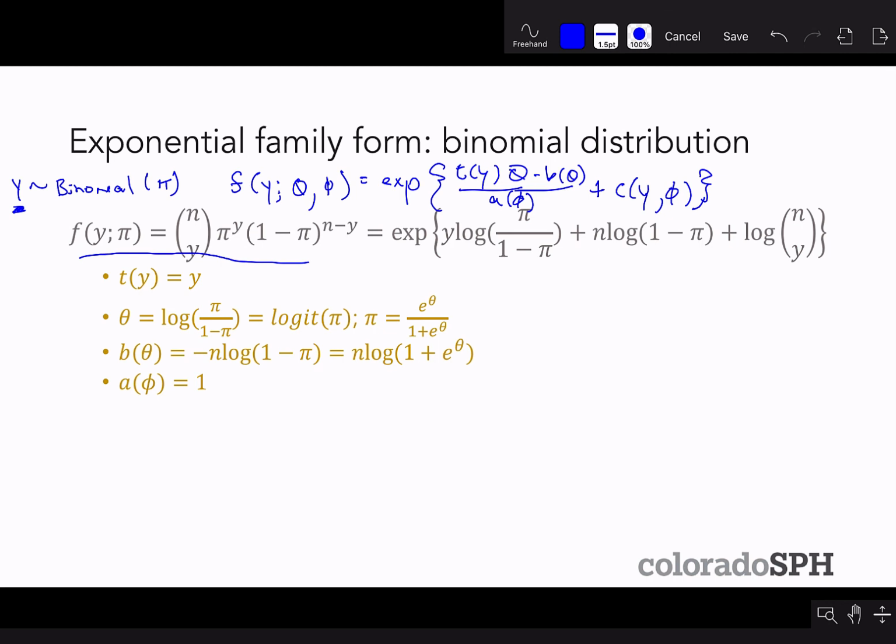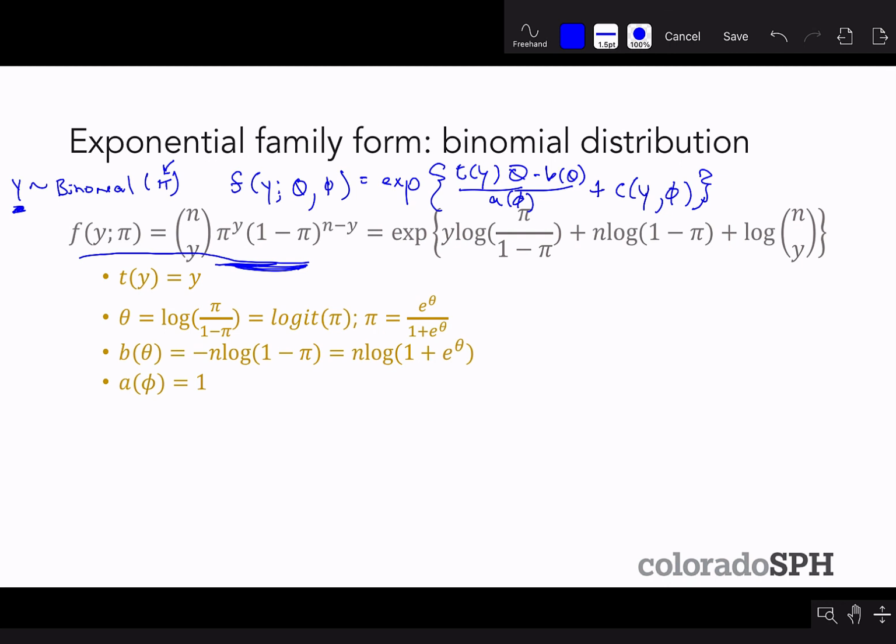Say you have 10 coin flips and you can only see heads or tails, and you see heads 3 times, then your value for y would be 3. Your value for n would be 10. And then your pi here is the probability of seeing heads on any particular trial. So this is the distribution for that sort of coin flip trial probability. And it's used a lot for all sorts of things in biostats as well that we'll get more into later.